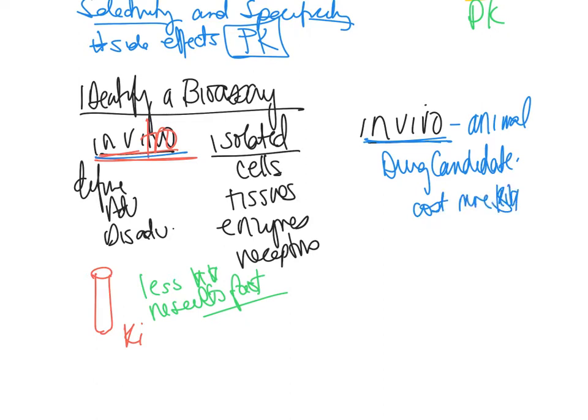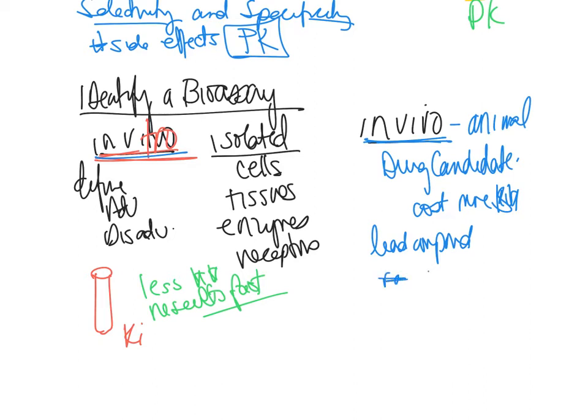Now the other thing that you want to think about on the in vivo assays is that some drugs show different results across species. So you've taken a lead compound and you put it in, let's say, rabbits.